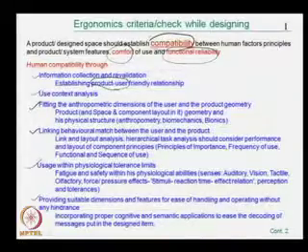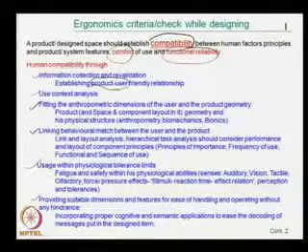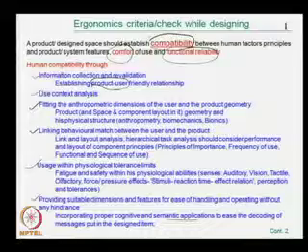The layout should be such that to approach certain elements, other elements present should not disturb. Incorporating proper cognitive and semantic applications to ease the decoding of messages in the designed item is necessary.